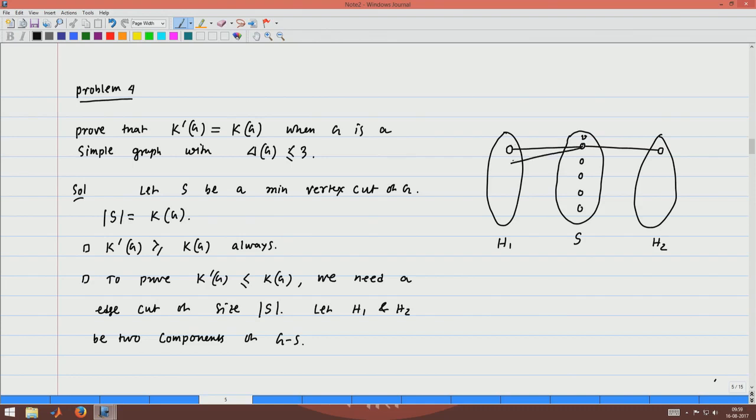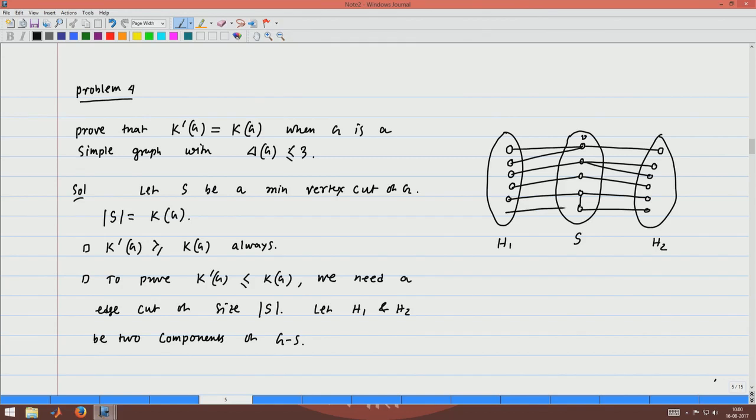So, it can be like this. The other situation is the similar thing we proved for a 3 regular graph. This is another situation. It could be like this also, one vertex here, one vertex here, because it is not a 3 regular graph, it has maximum degree 3. So, this vertex has say degree 2, and the other situation could be like this.